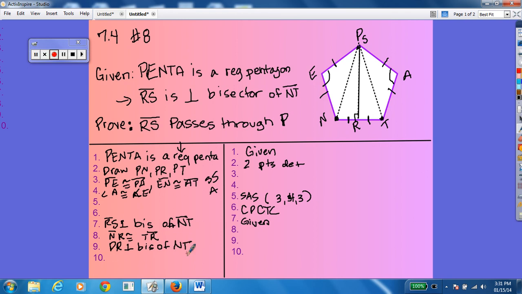And if it's the perpendicular bisector of NT, then you can say that RS passes through P, because we just moved it, because we proved it. Because a segment only has one perpendicular bisector. It can't have two. So RS becomes RP. And there you go. Hope that helps.